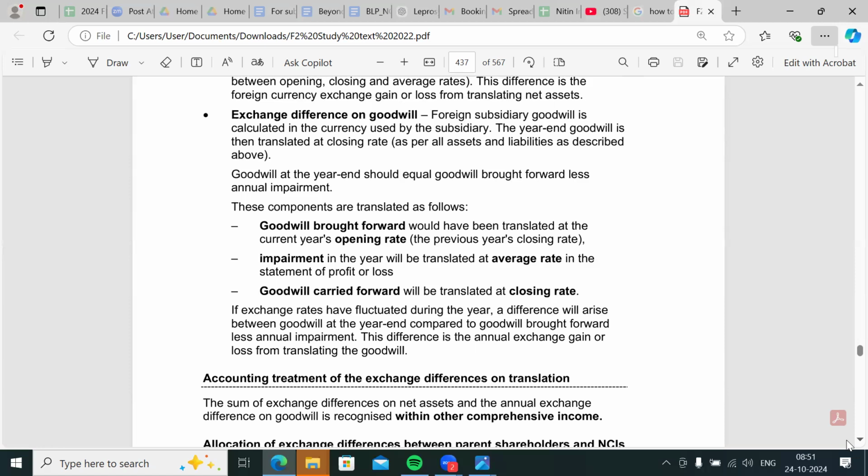Now we're going to see where it will go, P&L, balance sheet, or OCI. Now we'll see that. But this is the note that one has to get clearly, word by word by word, with understanding plus with memorization. Okay, this is a very, very important thing. If there's but one question in F2 and this is the only question, you ought to be able to score it. Okay.